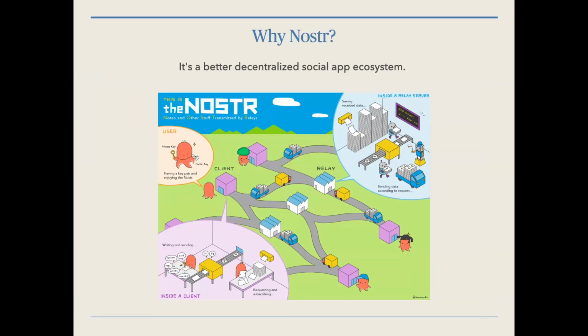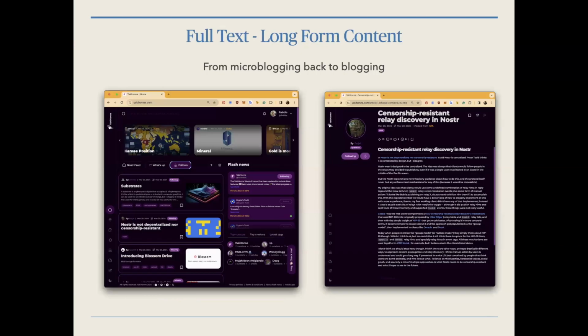Nostr is in some ways very similar to ActivityPub servers, but the difference is everything is not tied inside a single server. This is similar to how Bluesky works, and similar criticisms apply. Inside Nostr, we have a whole bunch of content types that are not microblogging structured. So here's a long form content type.